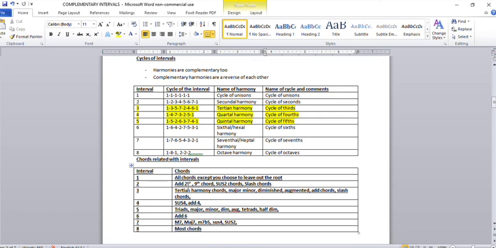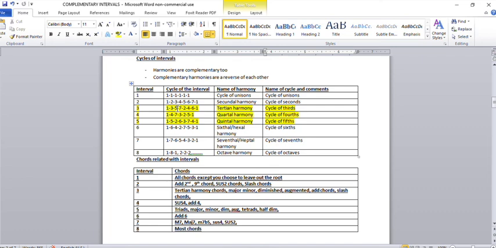For example, if you go back to this, this one here is the tertian harmony. If you have 1 3 5 and then you decide to put a sixth in the bass, you go 1 3 5 slash 6.